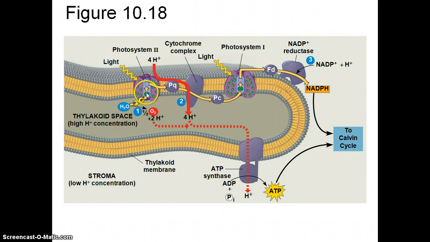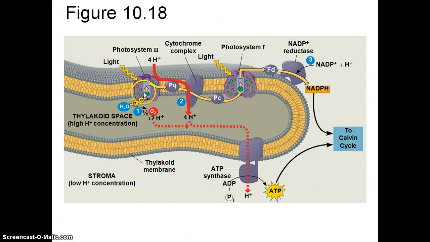And so what happens then is that these chlorophyll A molecules are missing electrons. And so they have a deficit here that has to be filled somehow. And the way that gets filled is by stealing a couple electrons from water, and in particular from the hydrogen that is part of H2O.